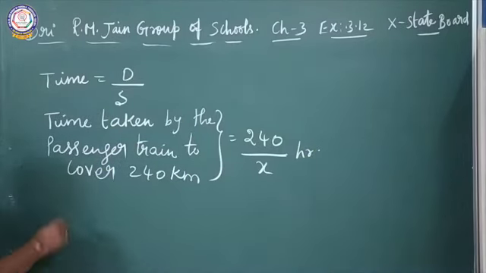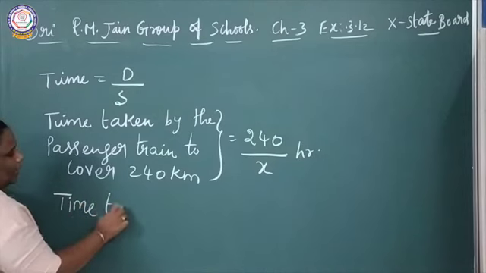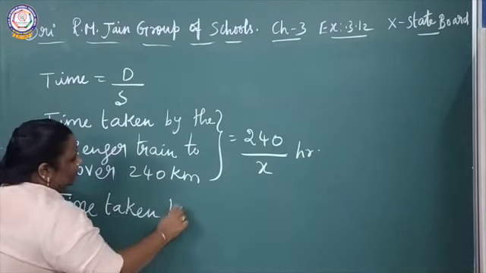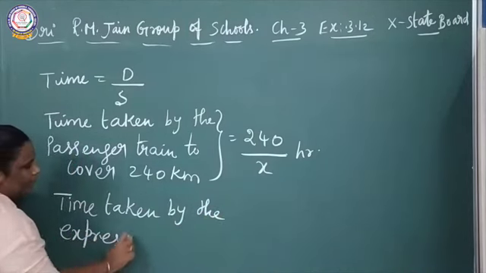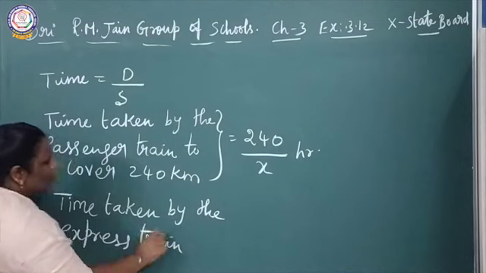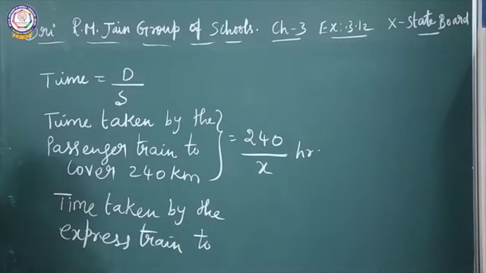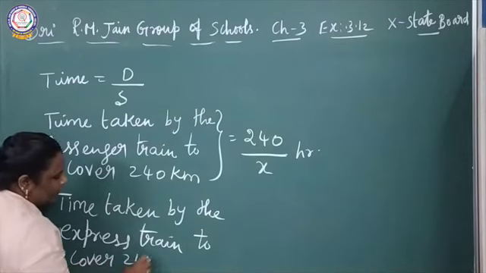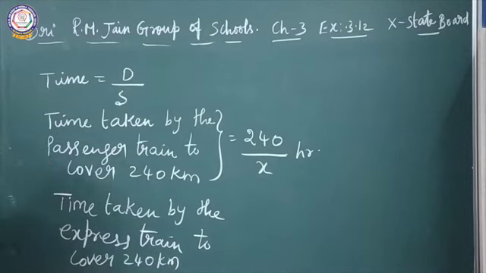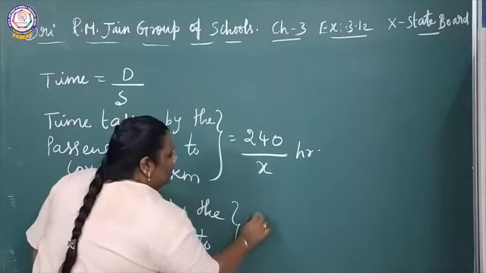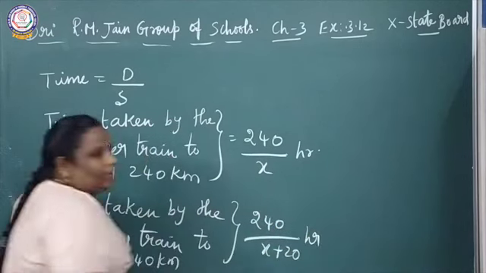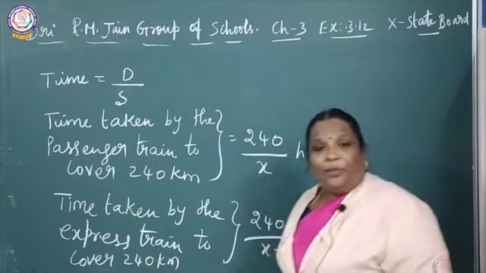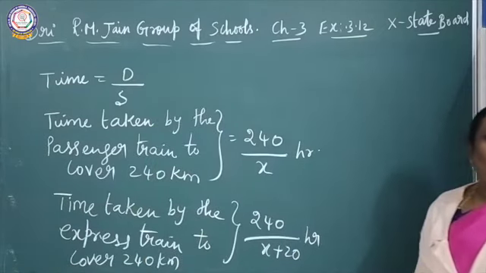Next, the time taken by the express train to cover 240 kilometer. The same thing you can do, 240 by x plus 20 hours.